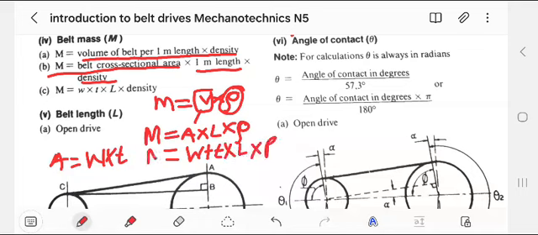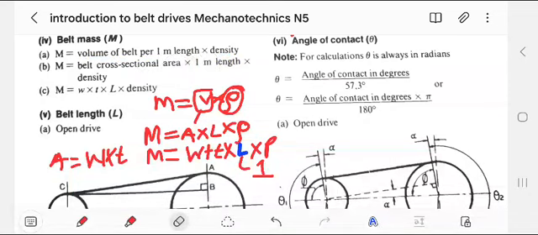But remember, I said to you guys, always substitute L as 1, consider it as per meter. As you can see here, per meter length. Take it as 1. Substitute 1 where you see that.